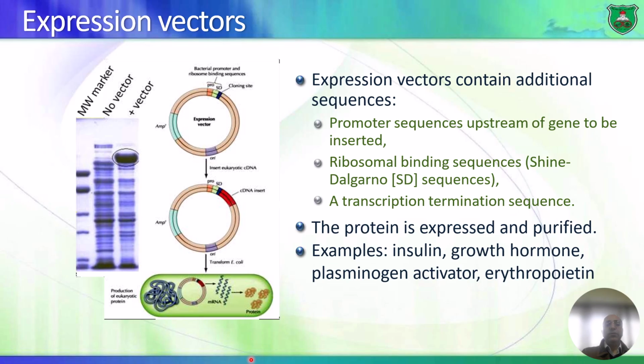And protein can be folded. So actually, this has worked really well, because now we can produce the human insulin protein inside bacteria, growth hormone, plasminogen activator for blood clotting, and so on. So we convert bacterial cells into factories that can produce human proteins, and these proteins are used clinically to treat patients.